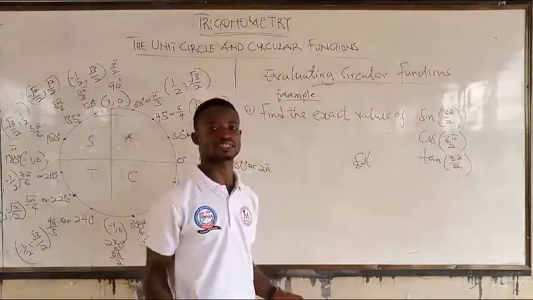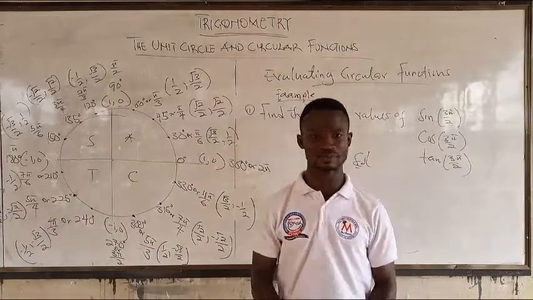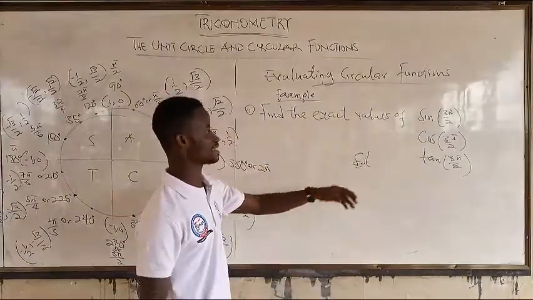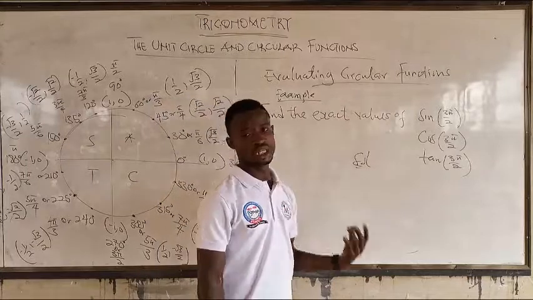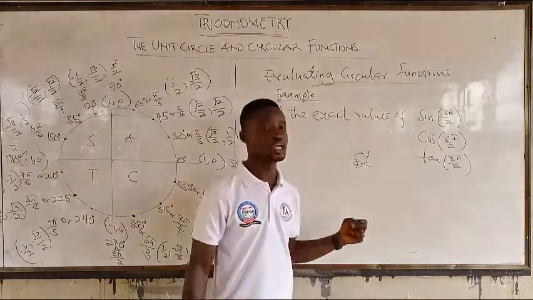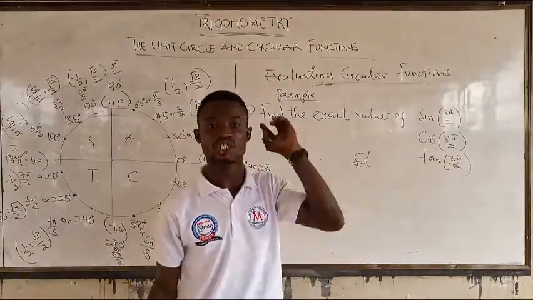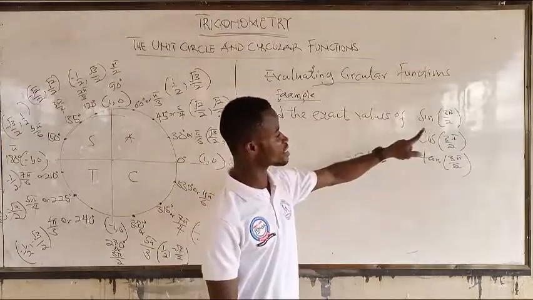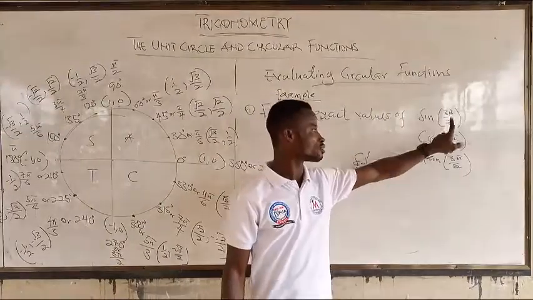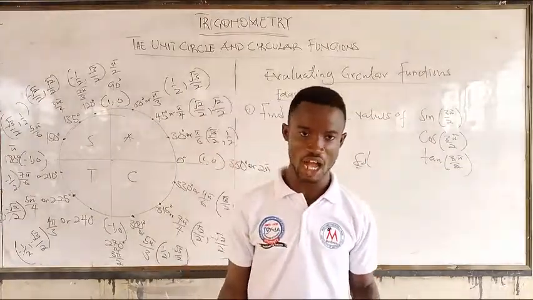Now, don't forget that in evaluating a circular function as a real number, let's say 3 pi on 2, you have to know that this 3 pi on 2 is equivalent to evaluating it at 3 pi over 2 radians, because this argument is a radian measure. Alright.